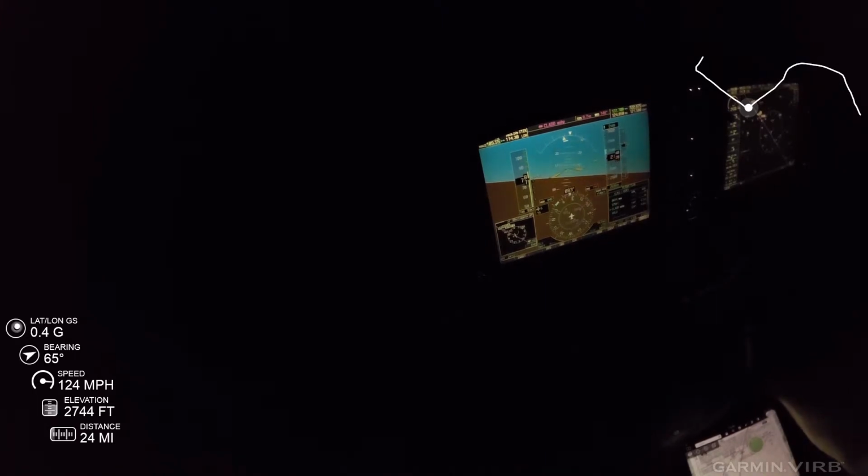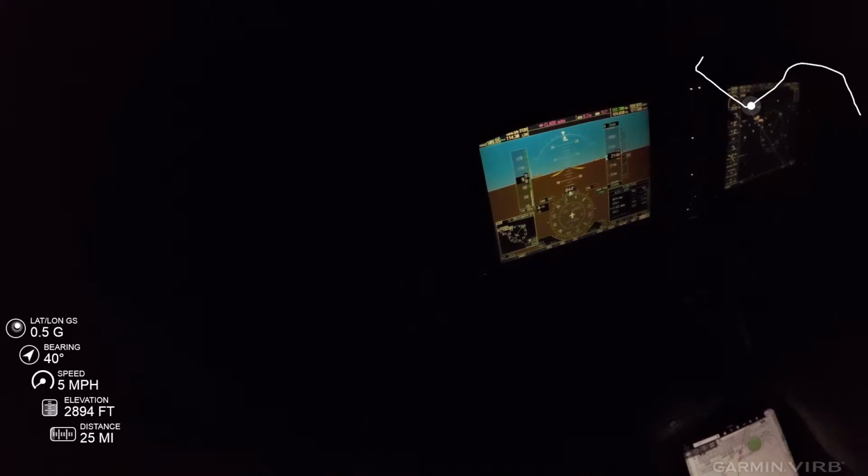Everything came in at the same time. Chester County 59 Tango, base extended right base 429.